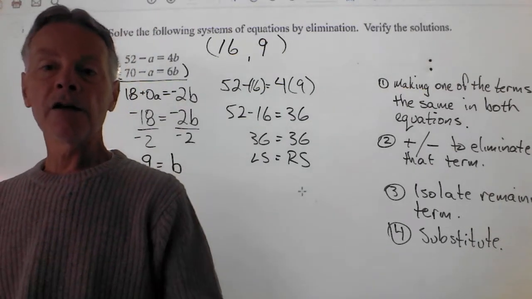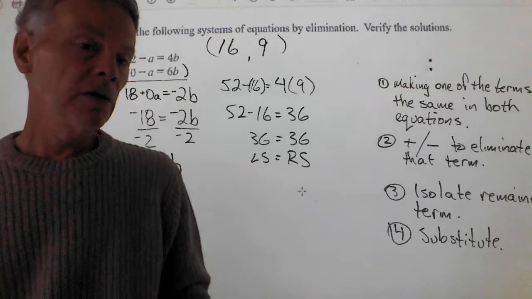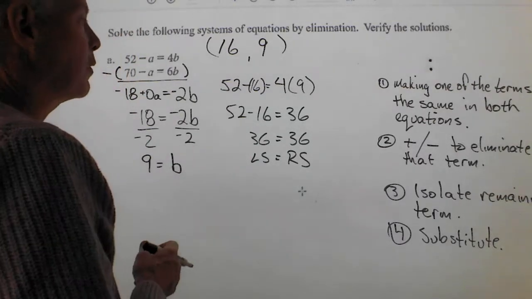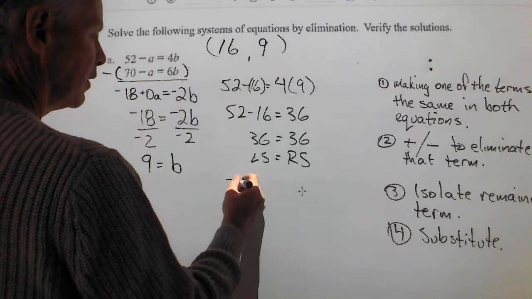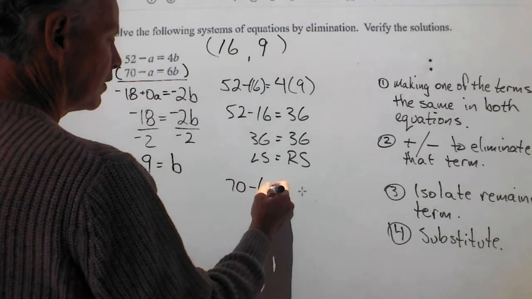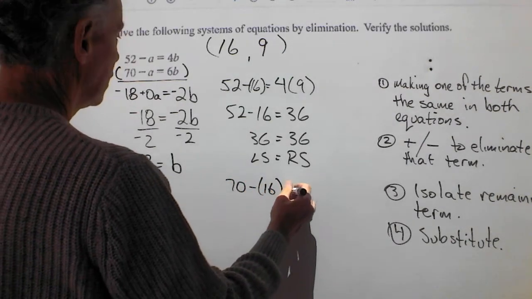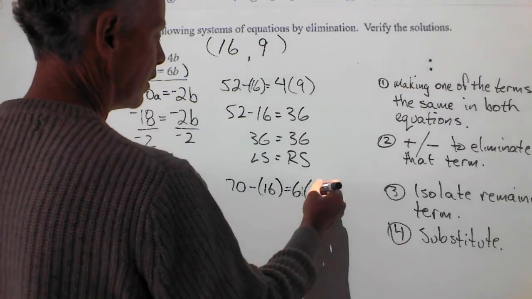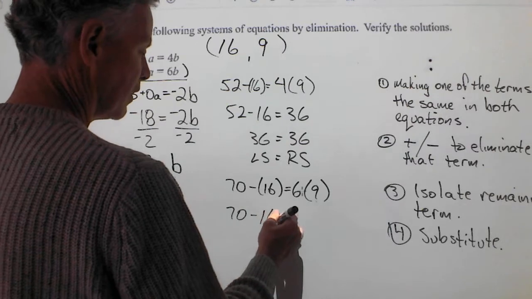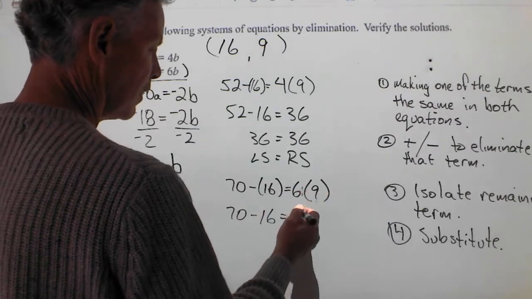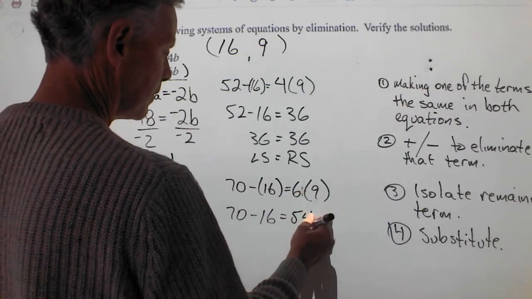When you verify, you have to do it with both equations. So, we'll do it with the second equation very quickly. 70 minus a equals 6b becomes 70 minus 16 equals 6 times 9. Simplify. 6 times 9 is 54.